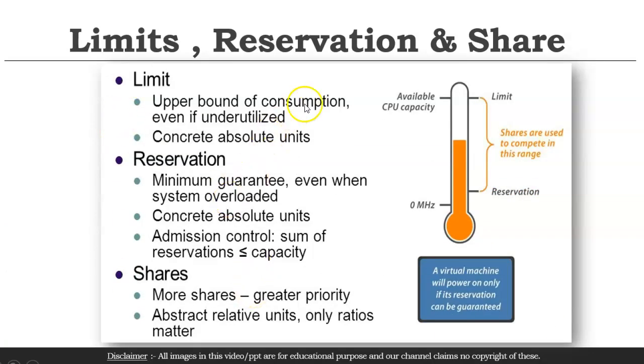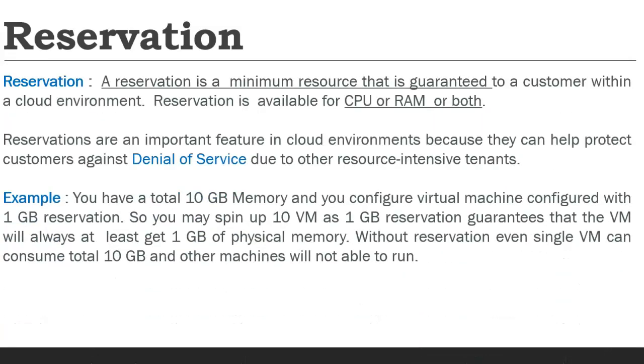This diagram is a very good example to understand what reservation, limit, and share are, but we'll come to it in the last. First, let's quickly understand the concepts. Reservation is a minimum guarantee of resources to a customer within a cloud environment, whether CPU or RAM or both. So we can give a minimum memory or CPU that will be allocated, and even if multiple customers are requesting resources, you still have a minimum guarantee.